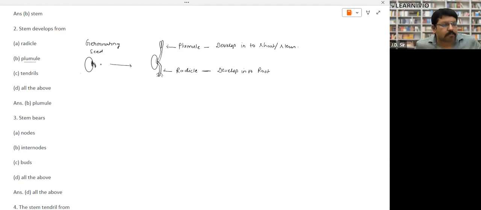Note down this diagram quickly. Done? Okay. Next question.